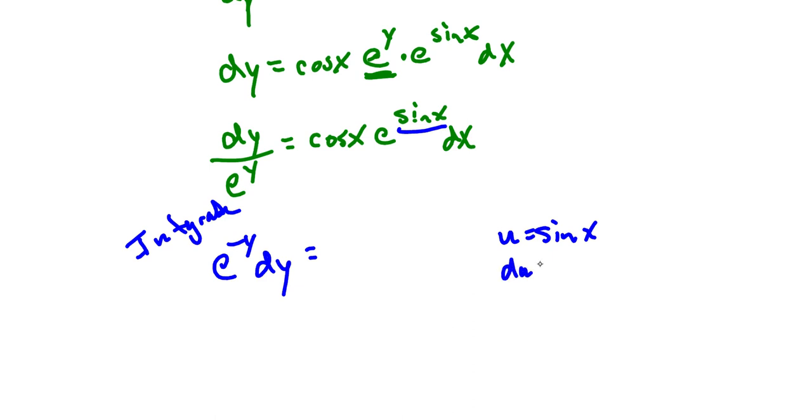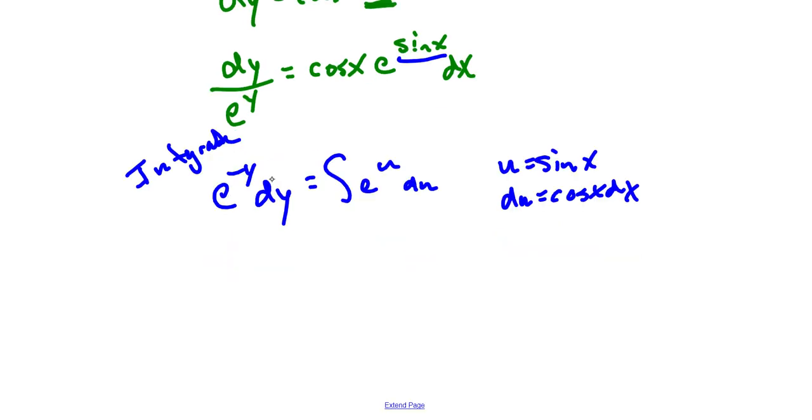Because the derivative of sine of x is going to give me cosine of x, which just so happens to be what I'm left over with. And so I'm going to have the integral of e to the u du. So let's finish this off right here. I'm going to integrate this puppy.